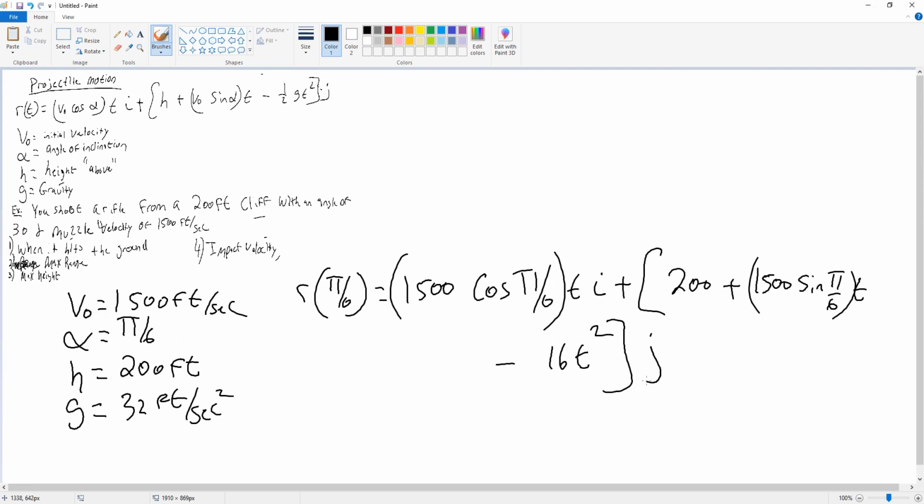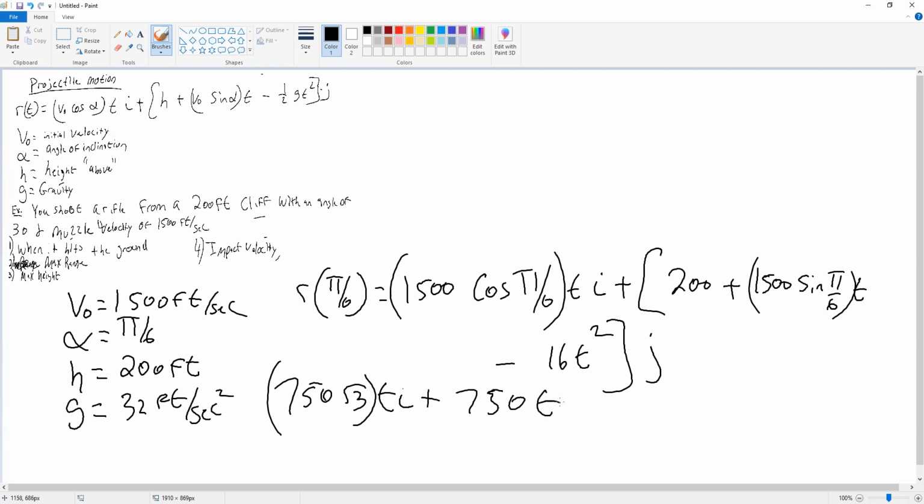And now cosine of pi over 6 is what? Root 3 over 2, so we're going to have 1,500 times that, and we could do 750, right? 750 root 3 t, i, plus 200, and then that's just going to be 750, right? Sine of pi over 6 is 1/2. Half of 1,500 is 750.